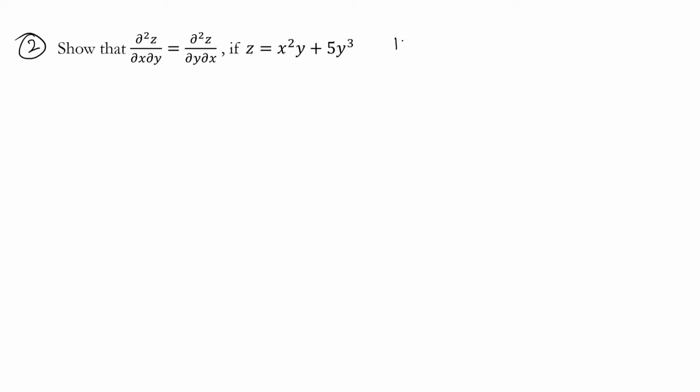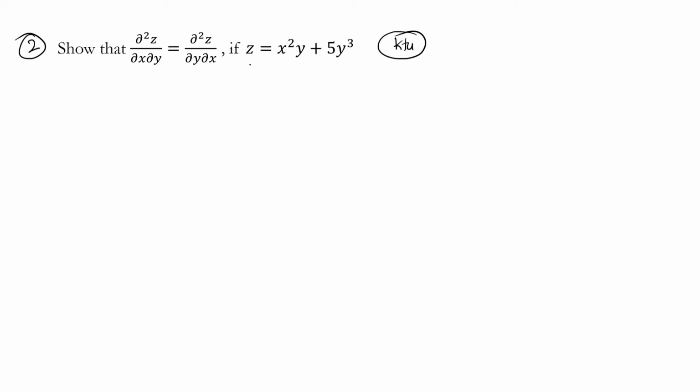Okay, now we'll move on to the second one. Question number 2. This is a question from the first year KTU examination. Show that dou square z by dou x dou y is equal to dou square z by dou y dou x. Or otherwise it will be asked like this: show that the mixed second order partial derivatives are equal.